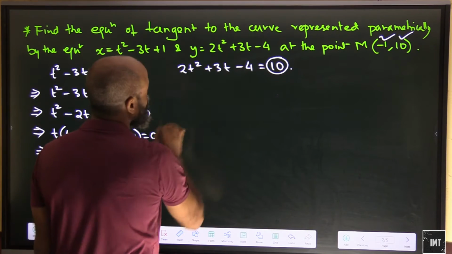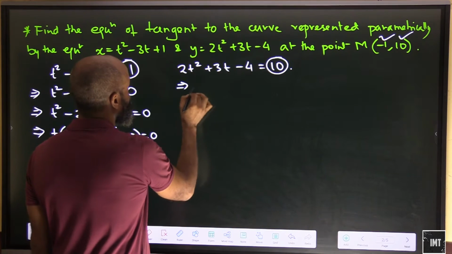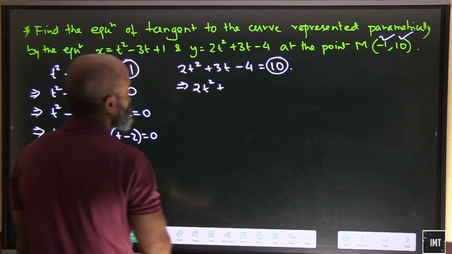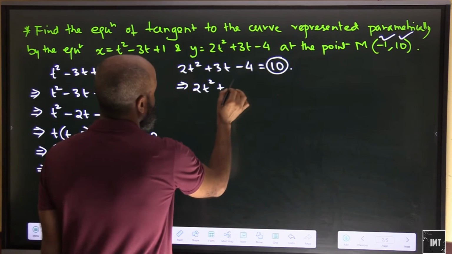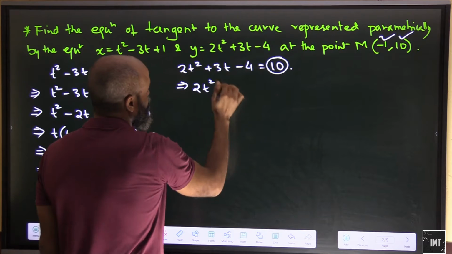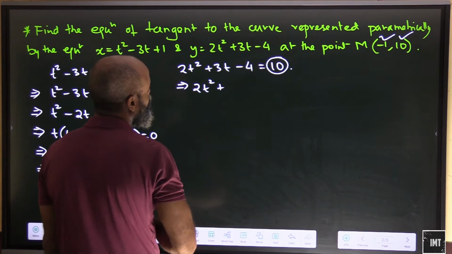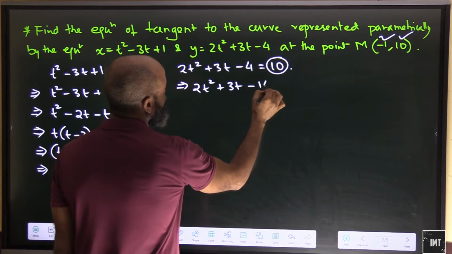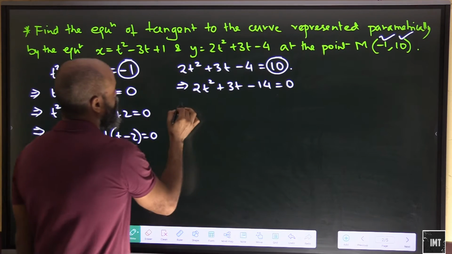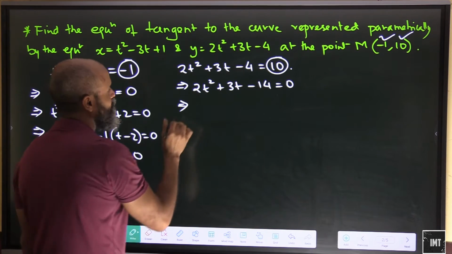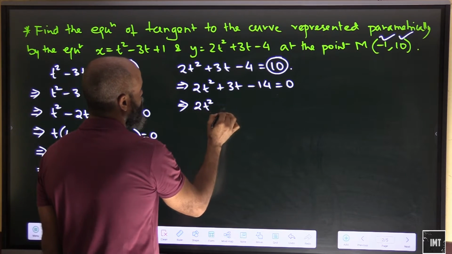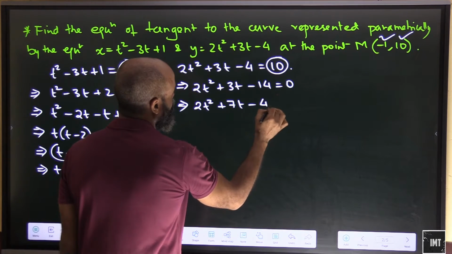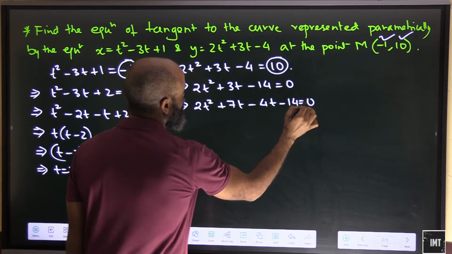Okay, here we have 2t square plus 3t minus 4 minus 10, so 2t square plus 3t minus 14 is equal to 0. 14 2s are 28, 7 and 4, so 2t square plus 7t minus 4t minus 14 is equal to 0.